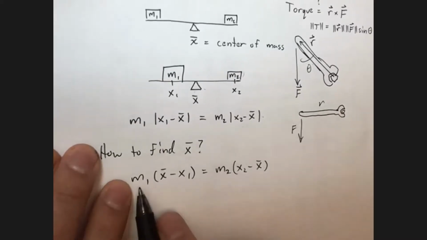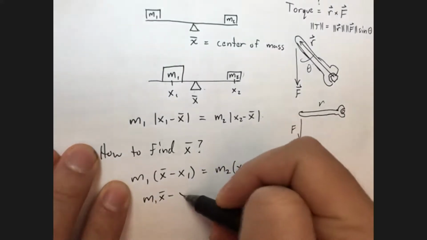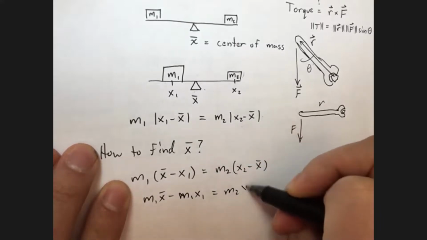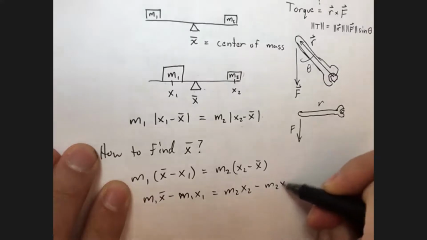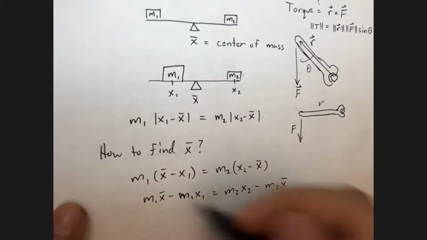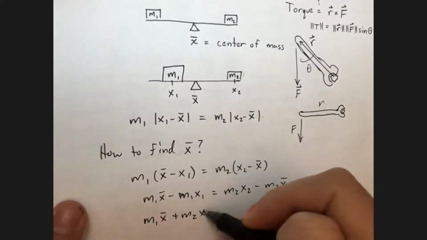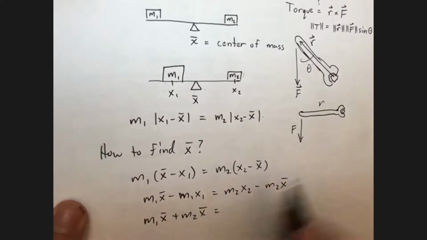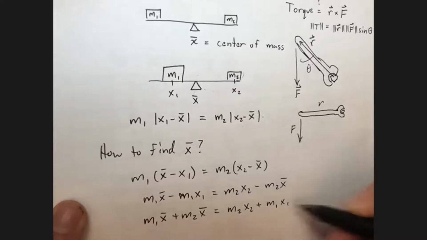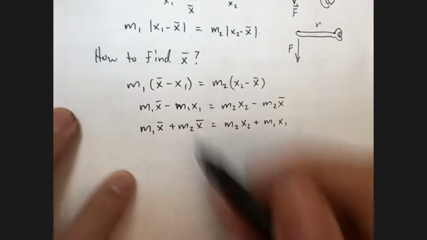Okay, so we multiplied through here. We got m1 x bar minus m1 x1 equals m2 x2 minus m2 x bar. I'm solving for x bar, so let's move the x bar terms to the left and the non-x bar terms to the right. Let's factor out the x bar.